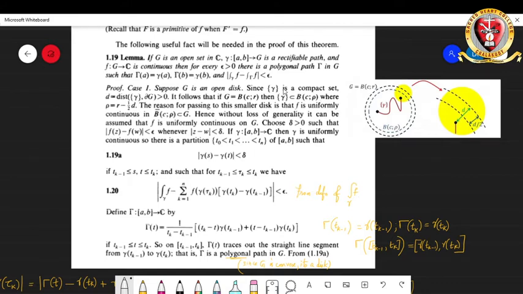Trace means the set of all points on the curve itself. Definitely it's compact because it's closed, since its complement is open, and it is obviously bounded. So it's definitely compact.